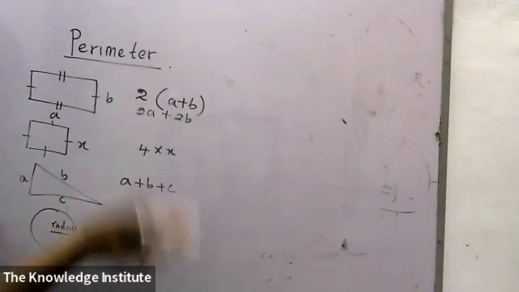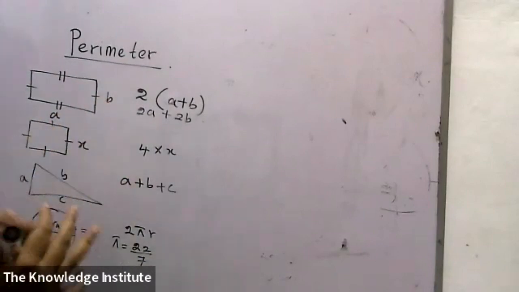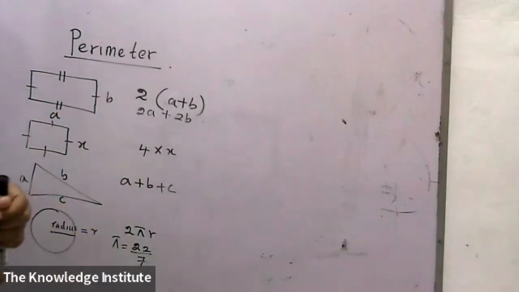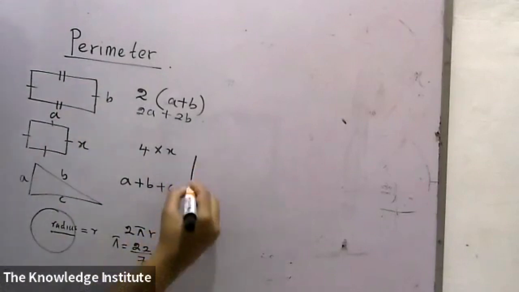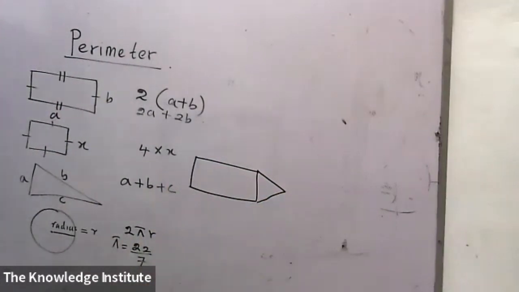And what you must remember is, composite figures means what? When two closed figures combine together, we call it a composite figure. So let's say you have a rectangle, and they have joined a triangle to it.